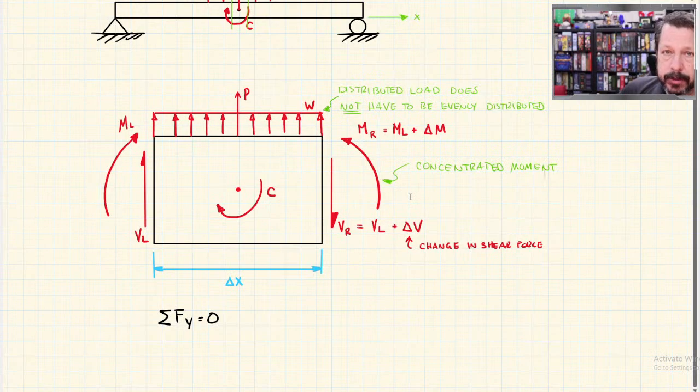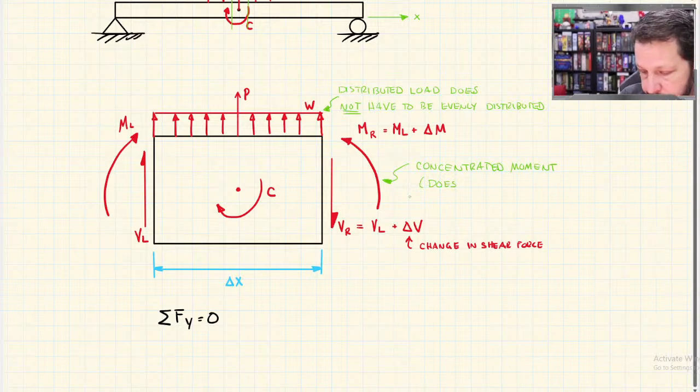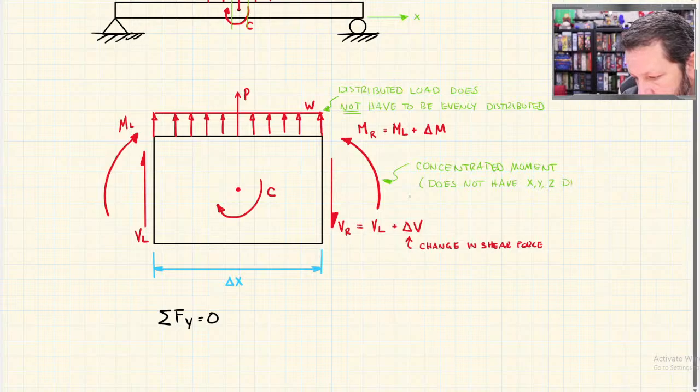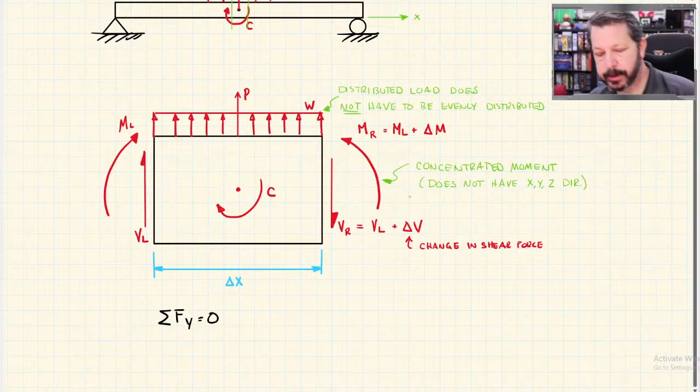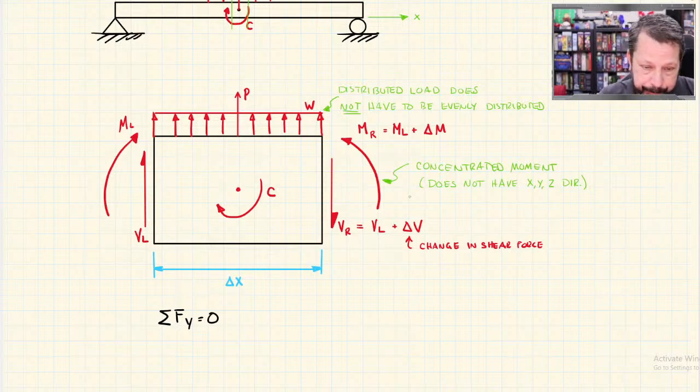So any one of those that's curved is a concentrated moment, and what that means is it does not have a direction like X or Y or Z. So in the Y equation that I'm writing now, none of those go into the equation. They don't operate in X, Y, or Z directions.